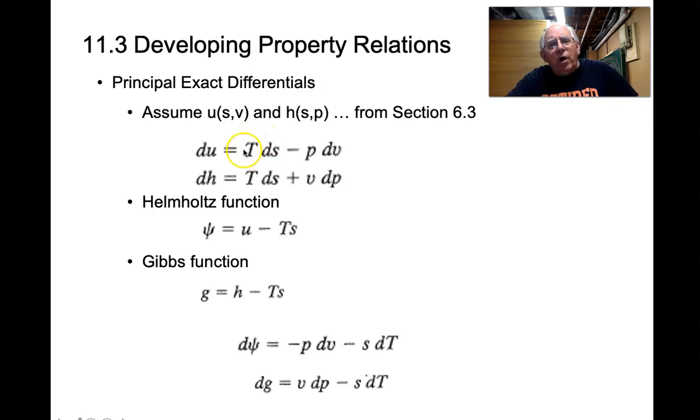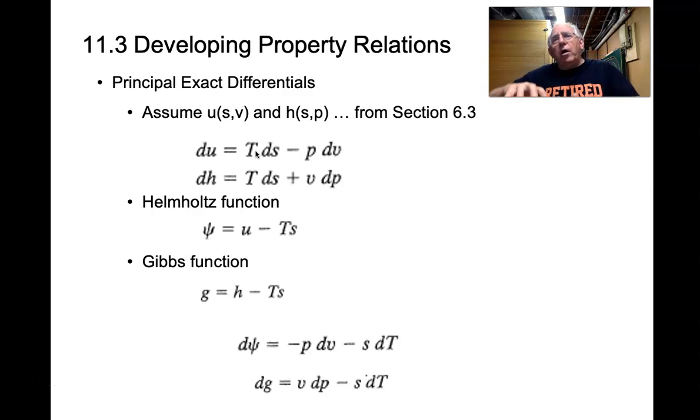And so we can now say this measurable thermodynamic property of temperature is related to how internal energy changes with respect to entropy for a constant volume process.